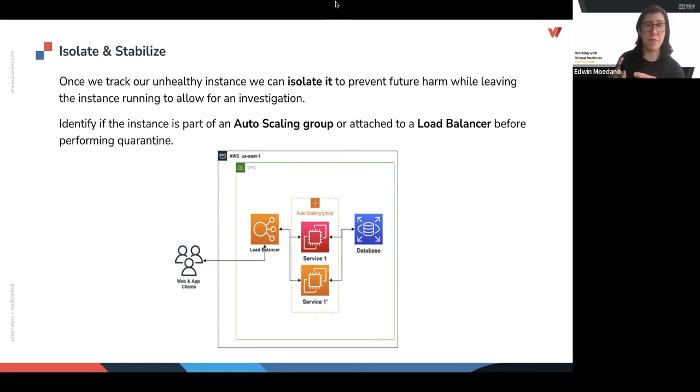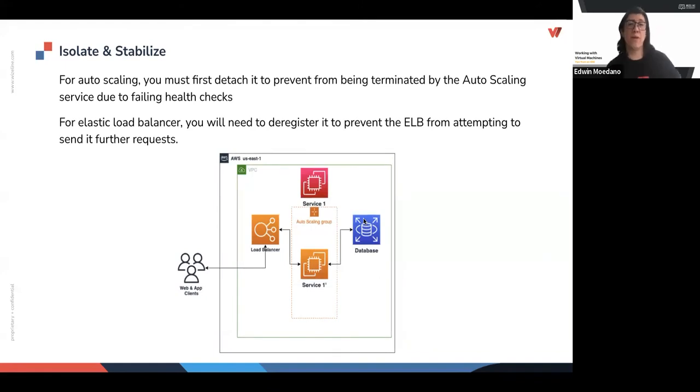Identify if the instance is part of an autoscaling group or attached to a load balancer before performing the quarantine. So we can see in our diagram that this is an autoscaling group. The idea for an autoscaling group is to first detach the instance to prevent it from being terminated by the autoscaling group service due to failing health checks.